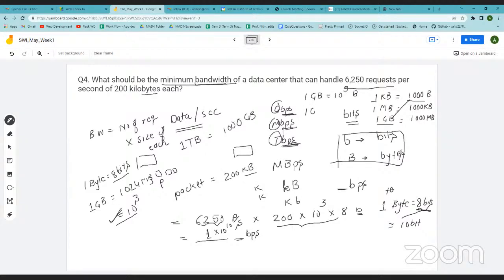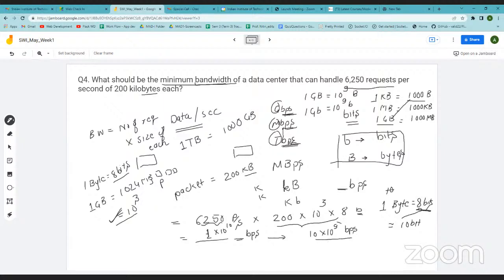So I can say that 1 gigabit, small b, is 10 raised to power 9 bits, because I have multiplied both sides with 8, which will not make any difference. So 1 gigabit is equal to 10 raised to power 9 bits. Since 9 is closer to 10, I can write this as 10 into 10 raised to power 9, again bits per second.